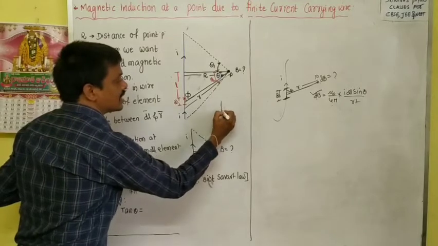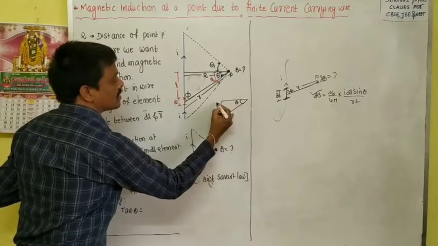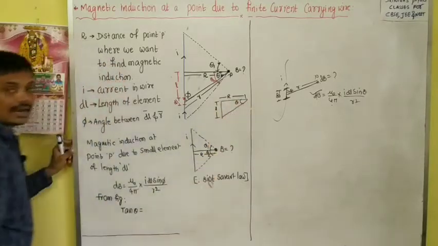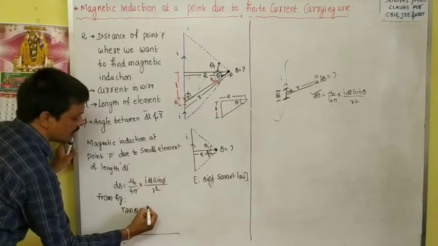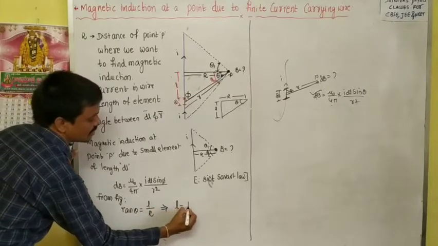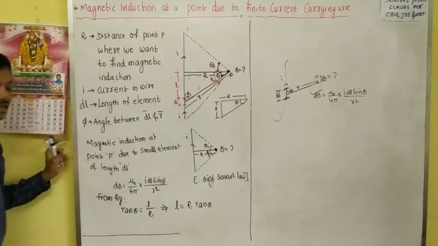Here this is theta, this is L, and this is capital R. It is a right triangle, so tan theta is opposite by adjacent, L by capital R. From this, L is equal to capital R tan theta.